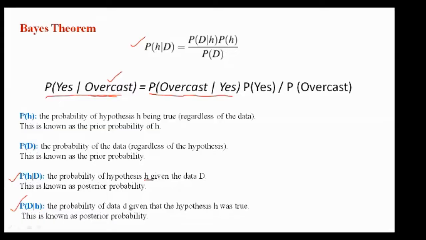And these are the prior probabilities: P of S, the probability of hypothesis H being true, and P of overcast, the probability of data. So for probability of S and probability of overcast, we have to consider all attributes of weather. So we'll see how to find this probability.